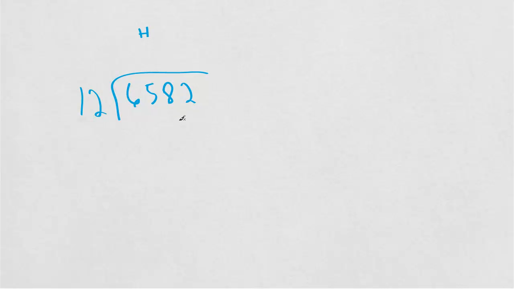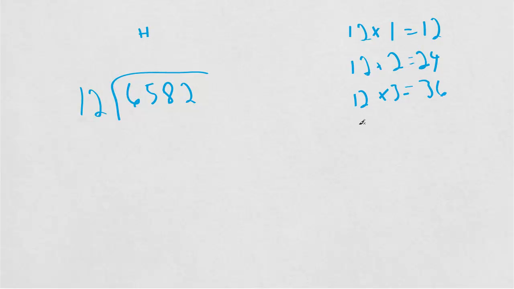I don't know this off the top of my head, so what we have to do is start looking at the factors of 12. I'm just going to write this on the side here: 12 times 1 equals 12. 12 times 2 equals 24. 12 times 3, this is tedious by the way, is 36. 12 times 4 is what?